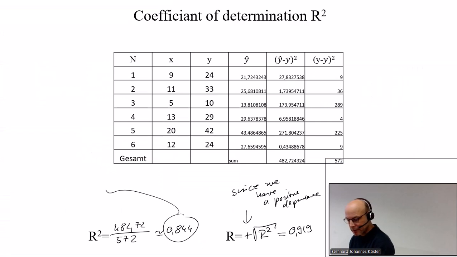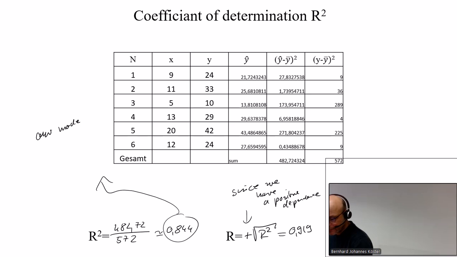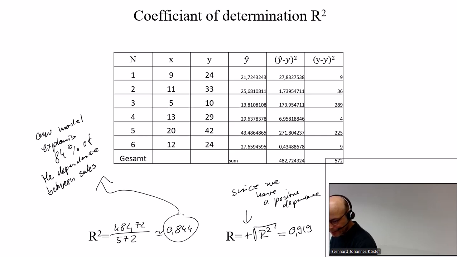So our model explains 84% of the dependence between sales Y and visits X.